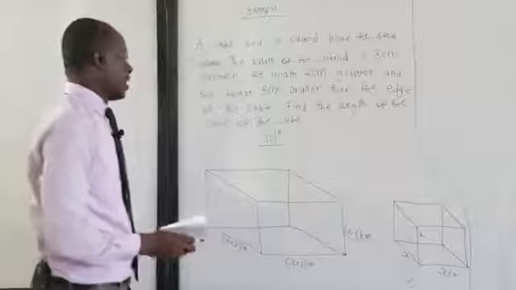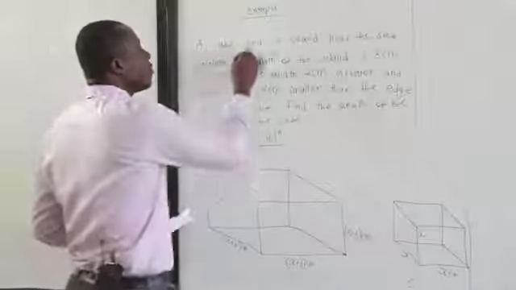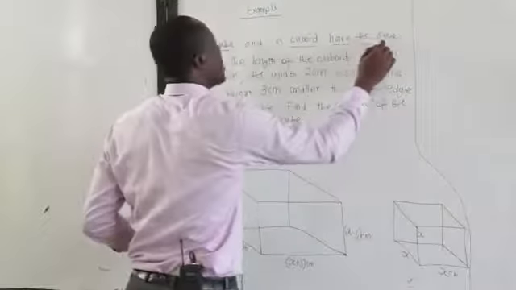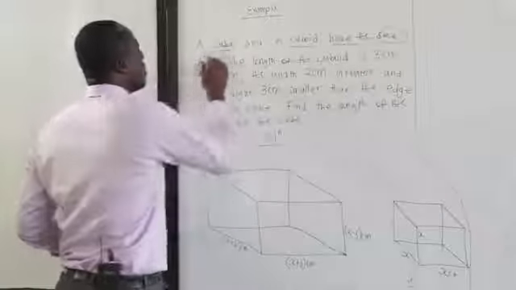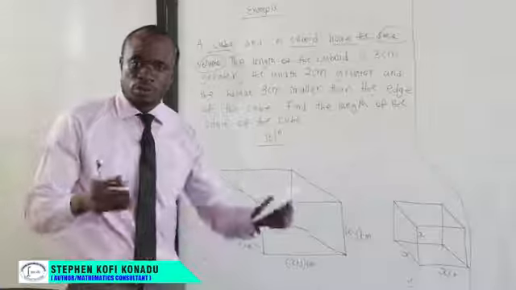Now we are being told to find the length of the edge of the cube. What are we told? We are being told that a cube and a cuboid have the same volume. Same volume. It means that the volume of the cube should be equal to what? The volume of the cuboid.